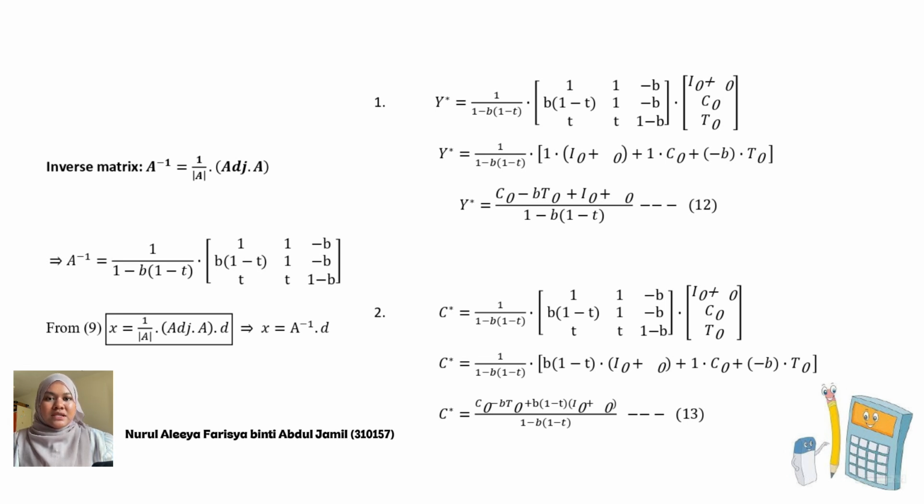The result is C star equals the quantity C sub 0 minus b times T sub 0 plus b times the quantity 1 minus t times the quantity I sub 0 plus G sub 0, all over 1 minus b times the quantity 1 minus t.